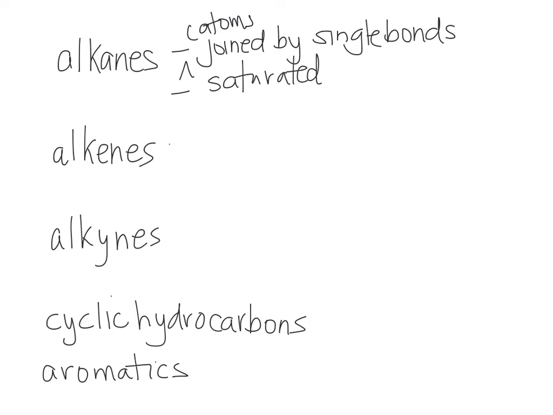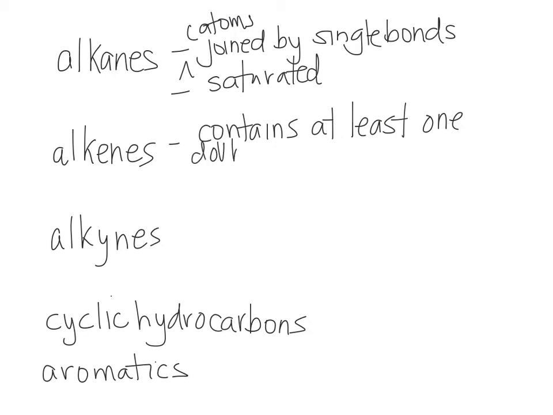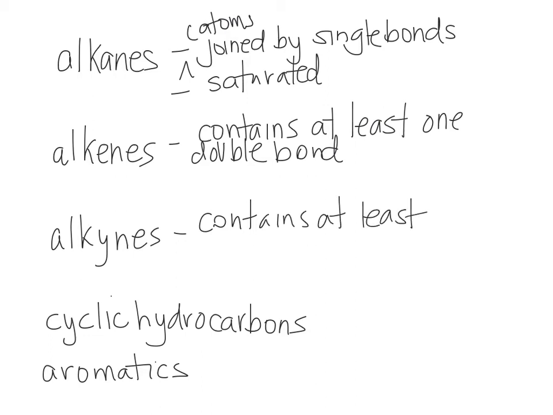An alkene contains at least 1 double bond between 2 carbons. And an alkyne contains at least 1 triple bond between 2 carbons.